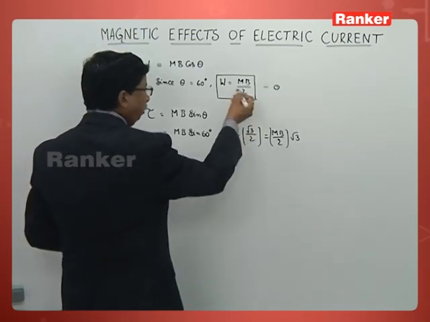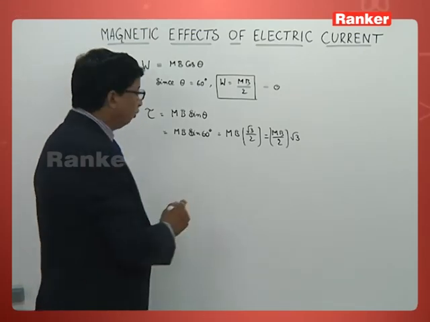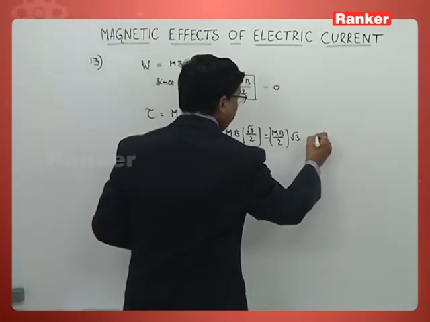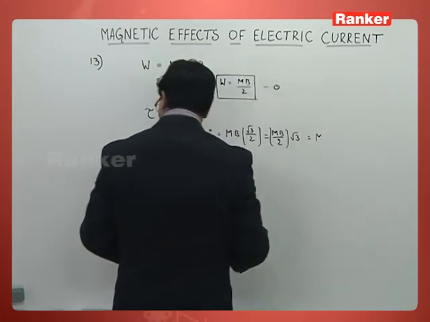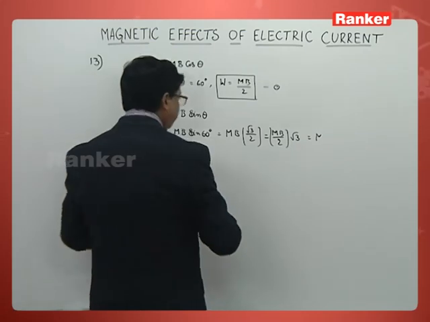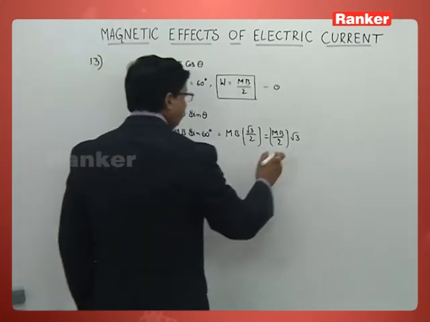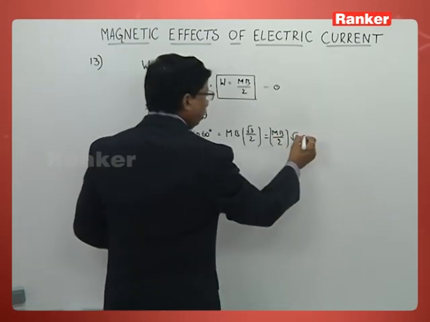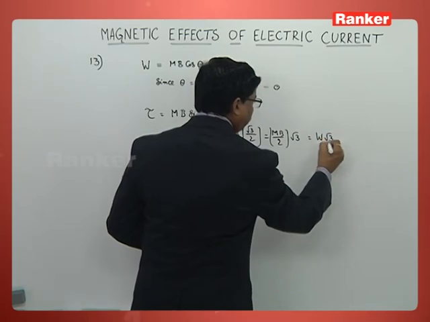And what is MB by 2? Already we have taken it as work. So we can now write this value as W root 3. That is the concept. Since MB by 2 is W, we can write W root 3.